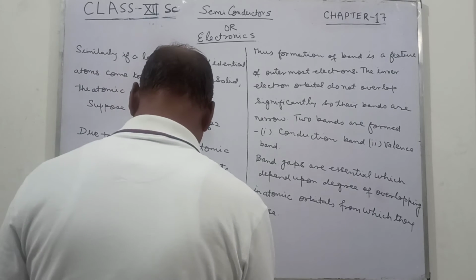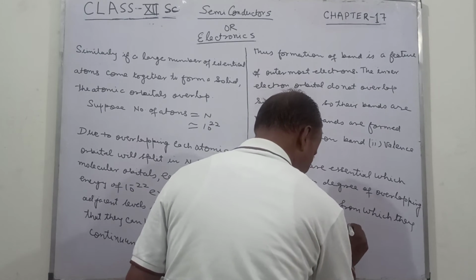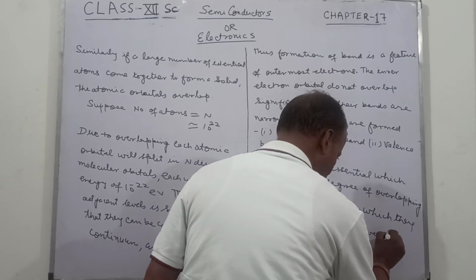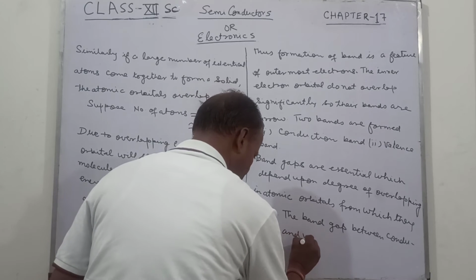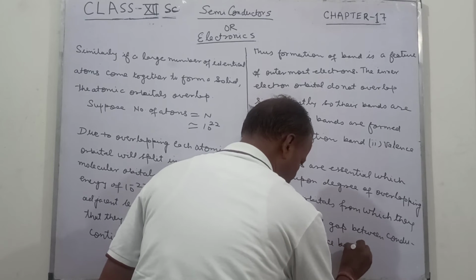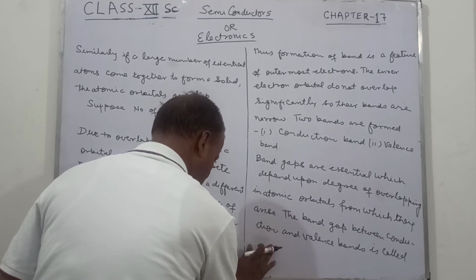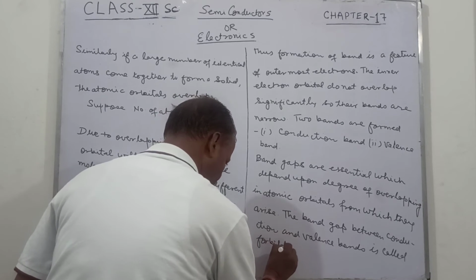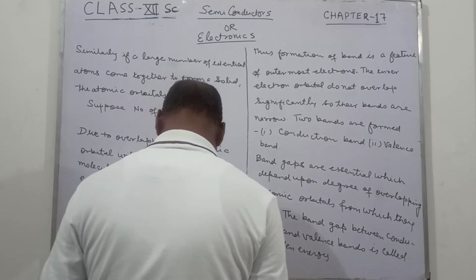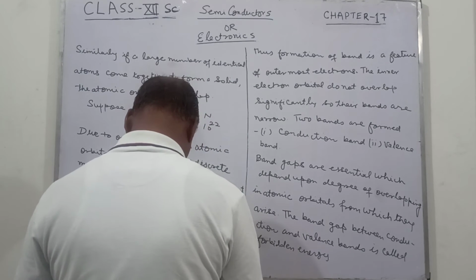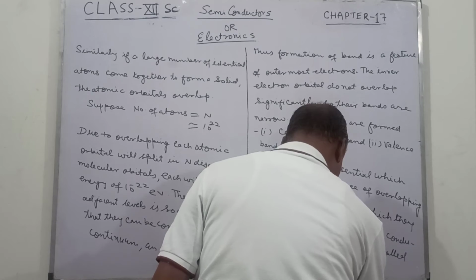The band gap between the conduction and valence bands is called the forbidden energy gap.